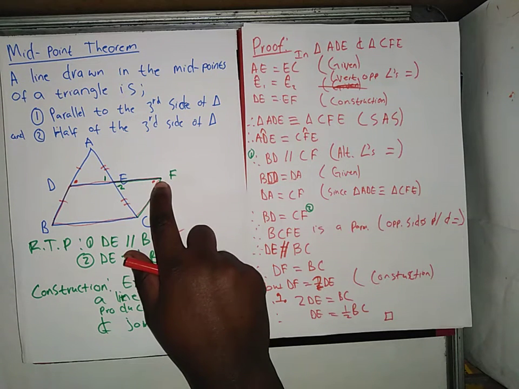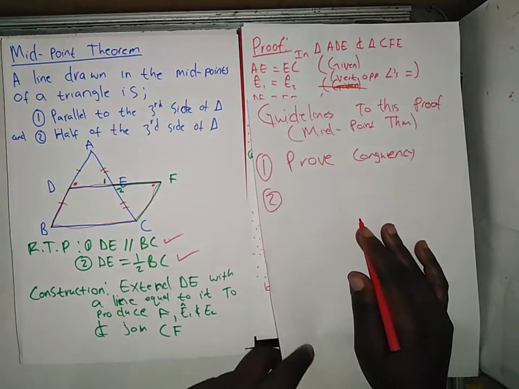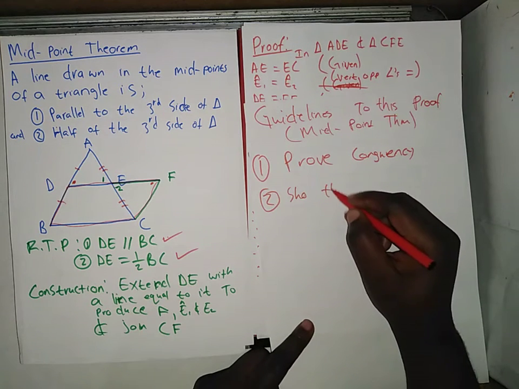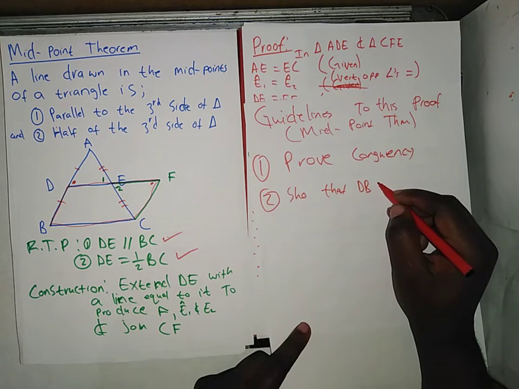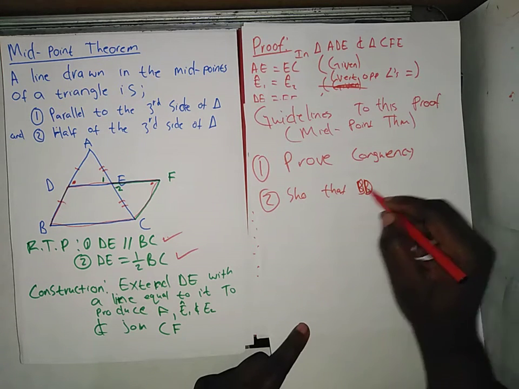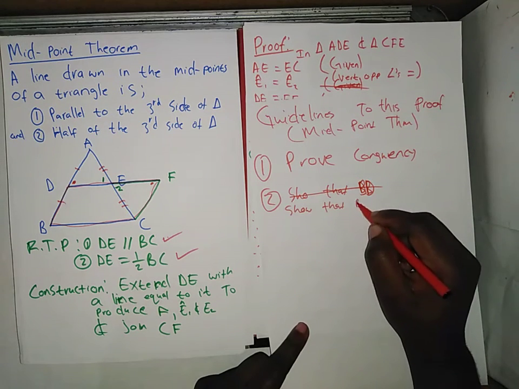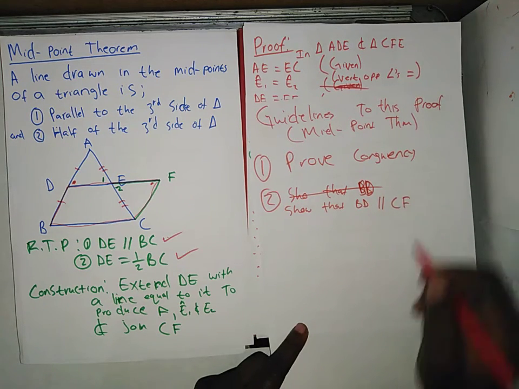And then the second milestone after proving congruence will be to show that DB is parallel to CF.